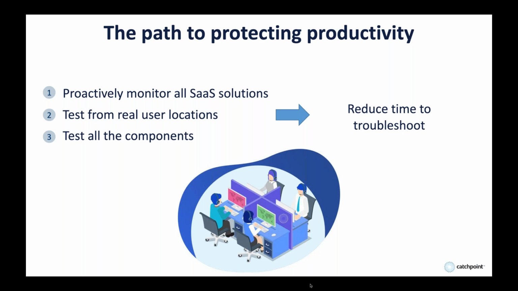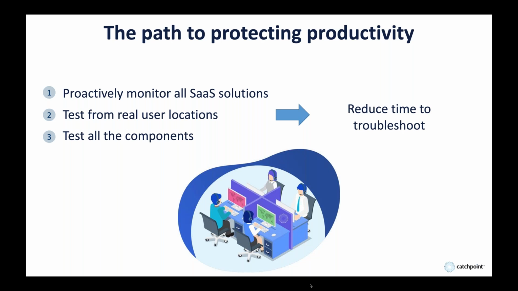And it's also extremely important to reduce the time to troubleshoot, to monitor all the components. So for example, if you're using a big CRM company, crm.com, you want to monitor it from all the locations where that CRM solution is being used. But it's also important to make sure that, hey, can I resolve crm.com from those different locations as well? If that solution is using a CDN, can I reach that content distribution network?